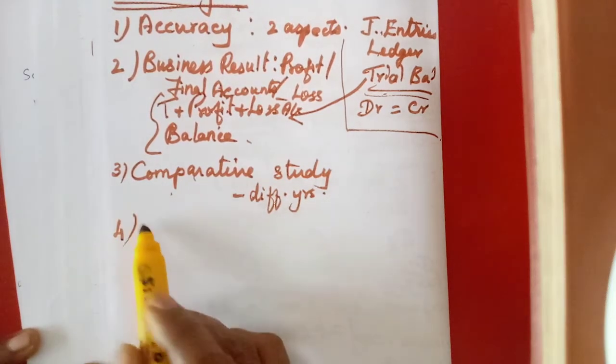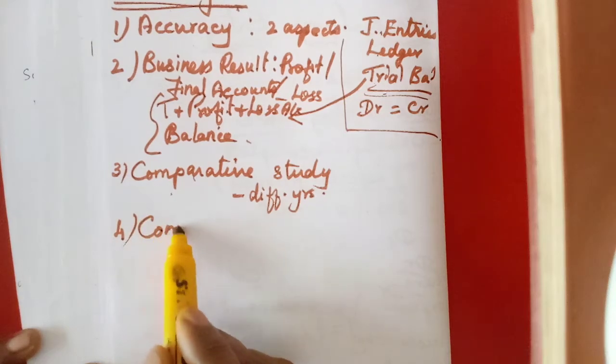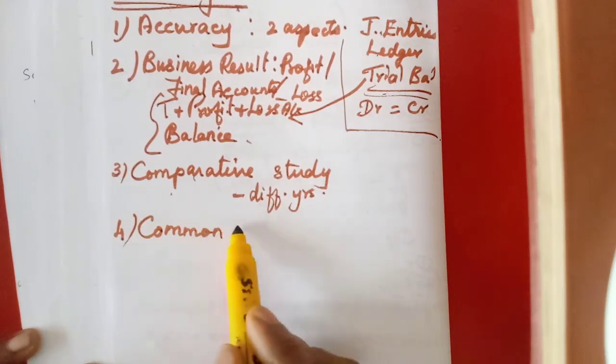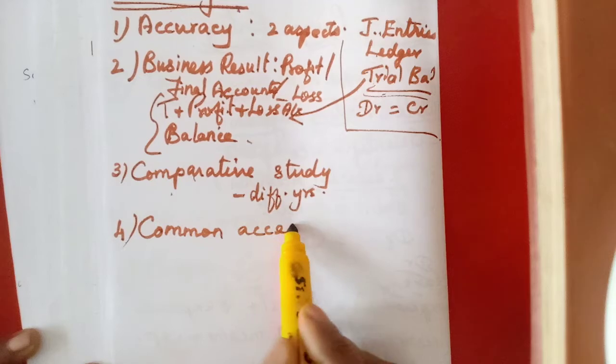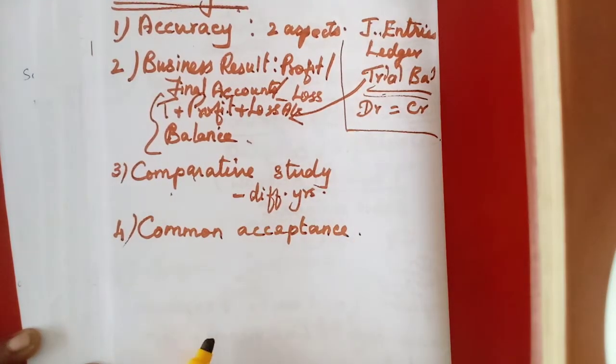Then the fourth advantage is common acceptance. Which one is accepted? These financial statements.